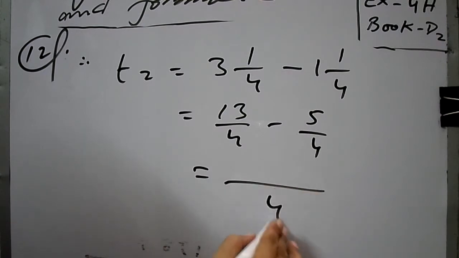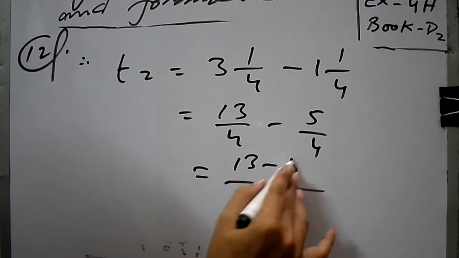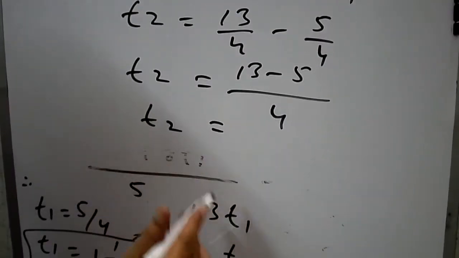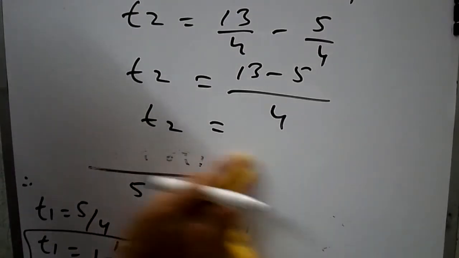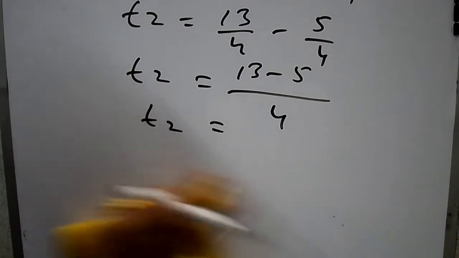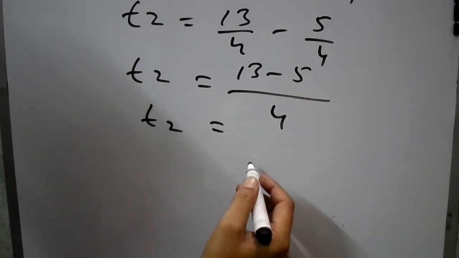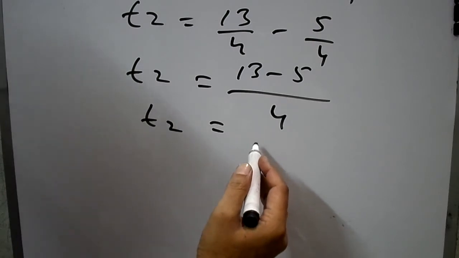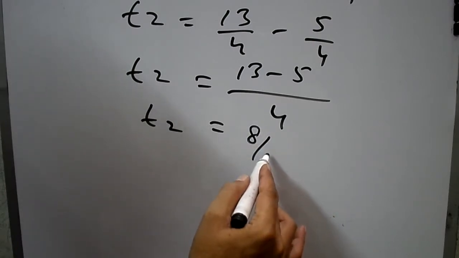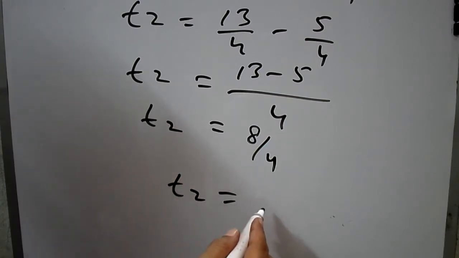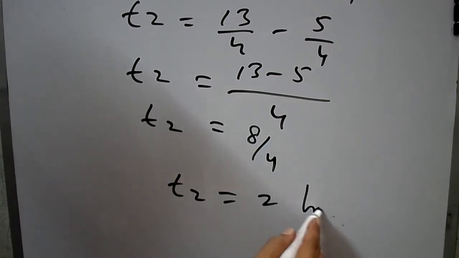You will get LCM 4, 13 minus 5. So what is the value of T2? It is 13 minus 5, you will get 8 by 4. So the value of T2 is 2 hours.